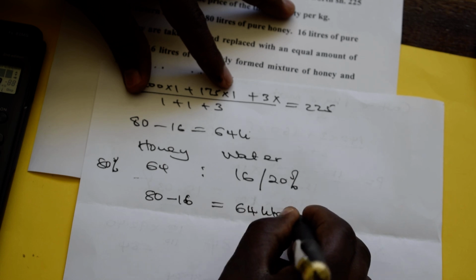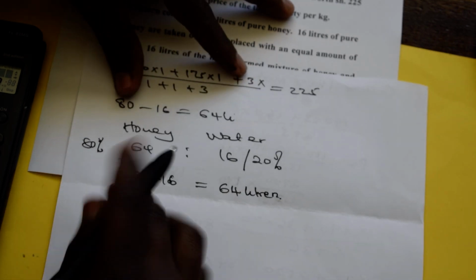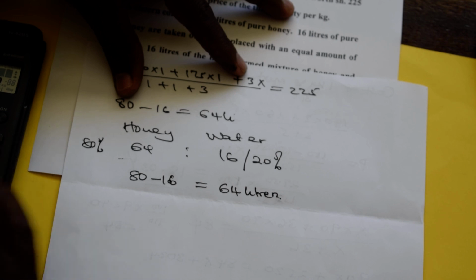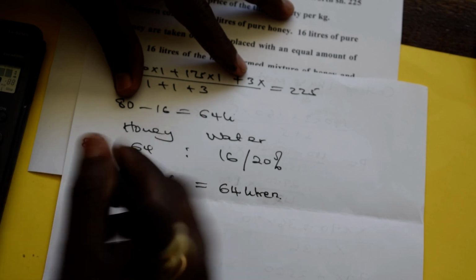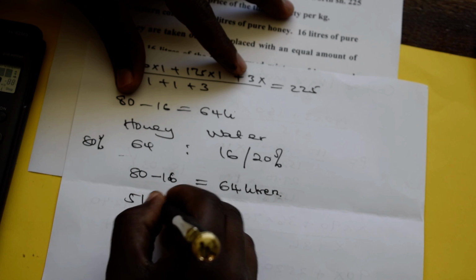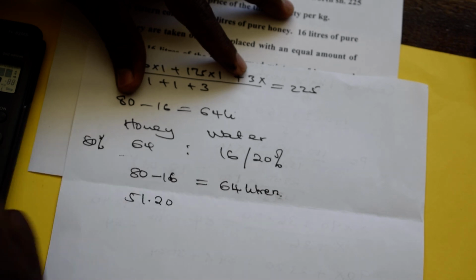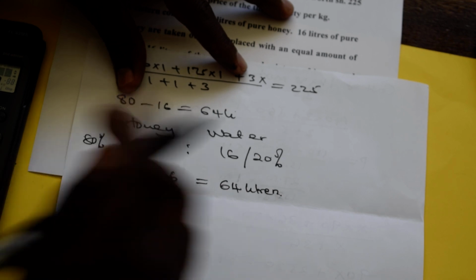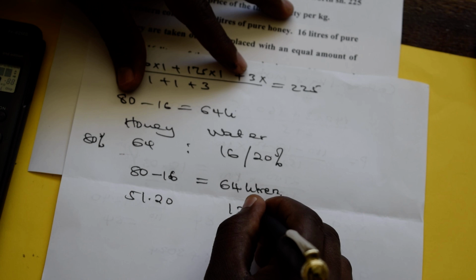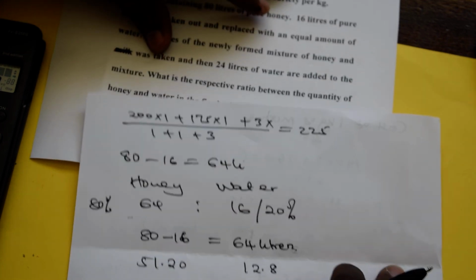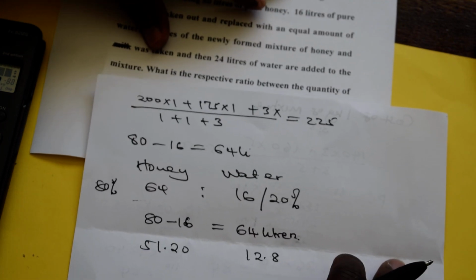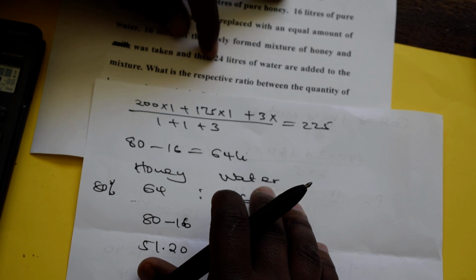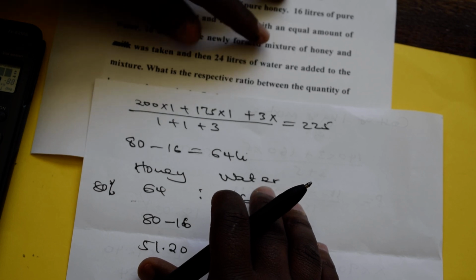And for this 64 liters, we need to know the proportion of honey remaining. So 0.8 times 64 will give us 51.2 liters, and 20% times 64, so that water will be 12.8. And then we added 24 liters of water to the mixture.